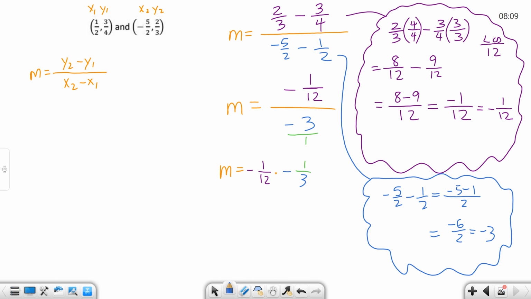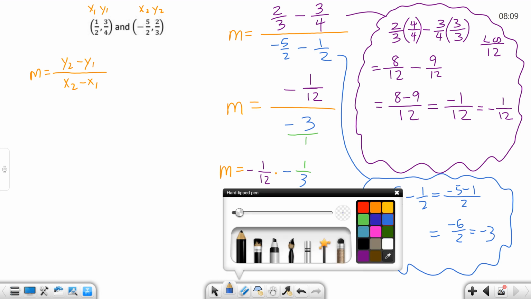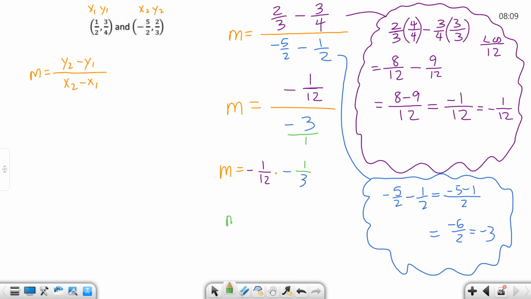Keep, change, flip, right? I kept the top, changed the division to times, and flipped the bottom, or the denominator, okay? So here, when that happens, what is your slope? Your slope is going to be negative times negative is positive, so I'm not going to worry about that. It's positive. 1 times 1 is 1, over 12 times 3 is 36. So there's your slope, 1 over 36.